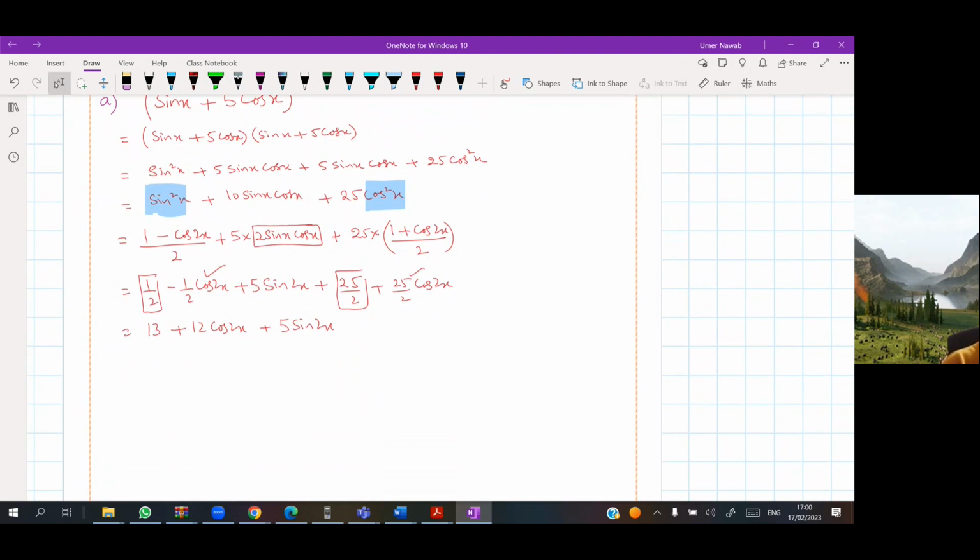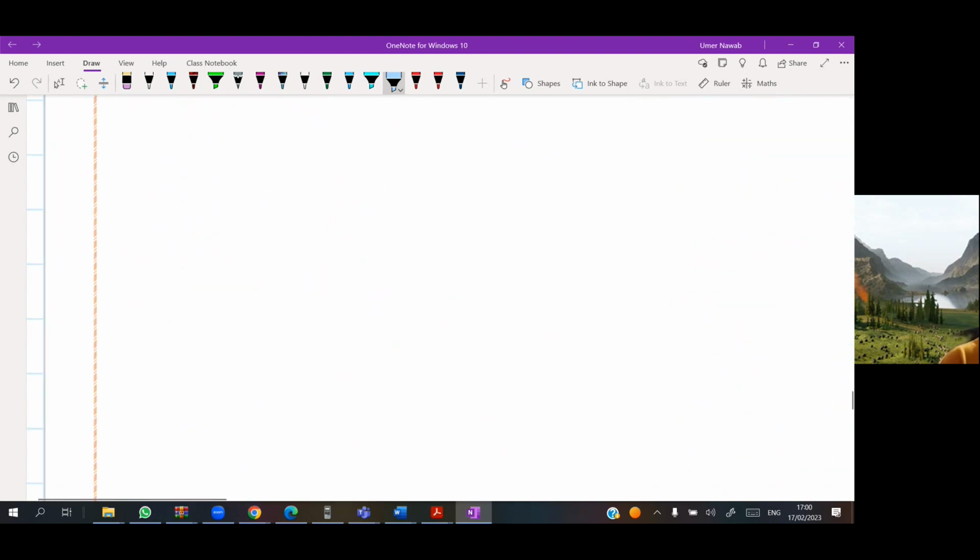So the B part is, he says, from 0 to pi by 2 of sine of x plus 5 cosine of x squared dx.